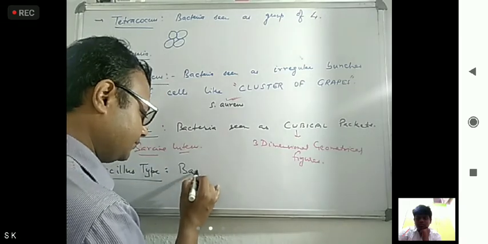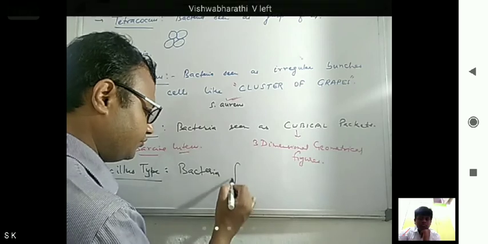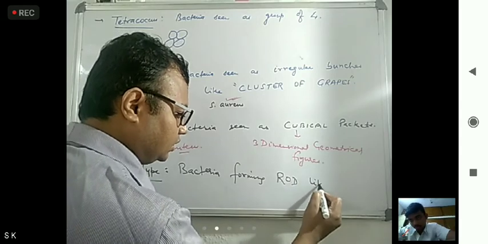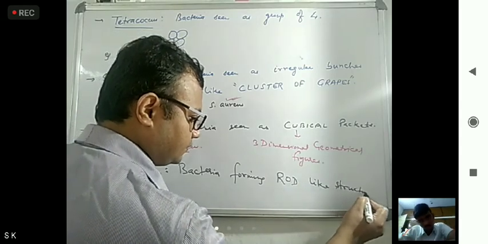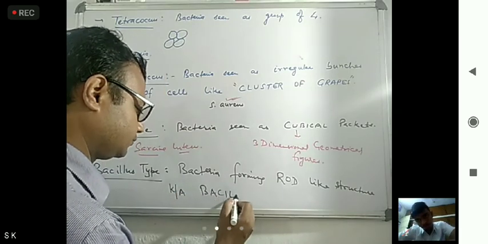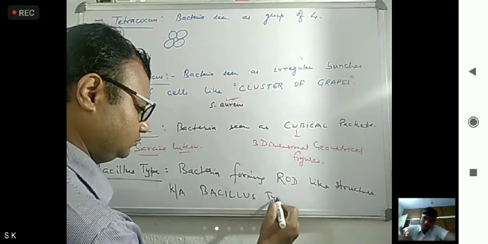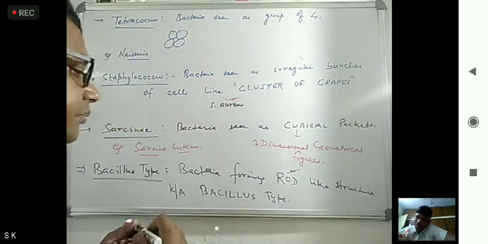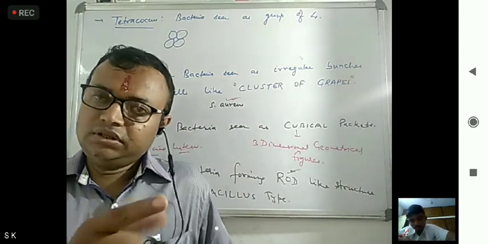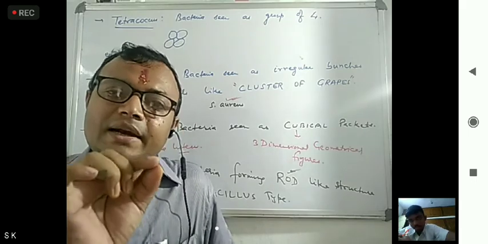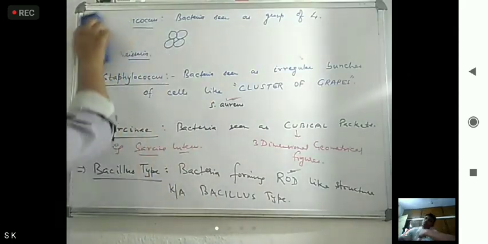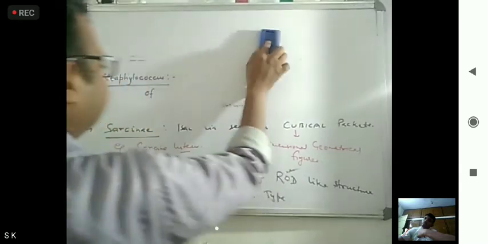So bacteria forming rod-like structures are known as bacillus type. Mostly you have to remember that rod-like structures are there.